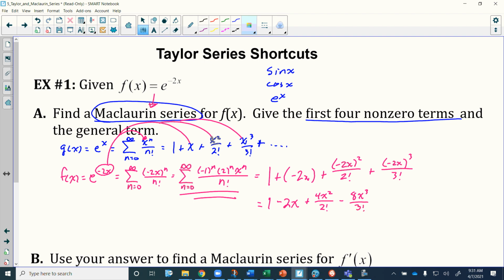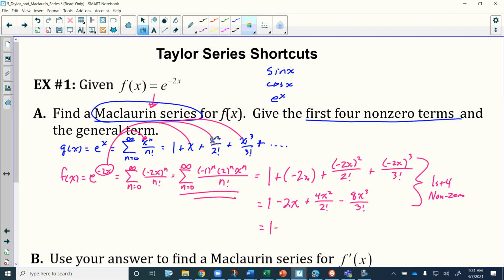And what I would probably think of as the general term would be something simplified. I might look at these as the first four non-zero terms, but the general term would be what this would be simplified.